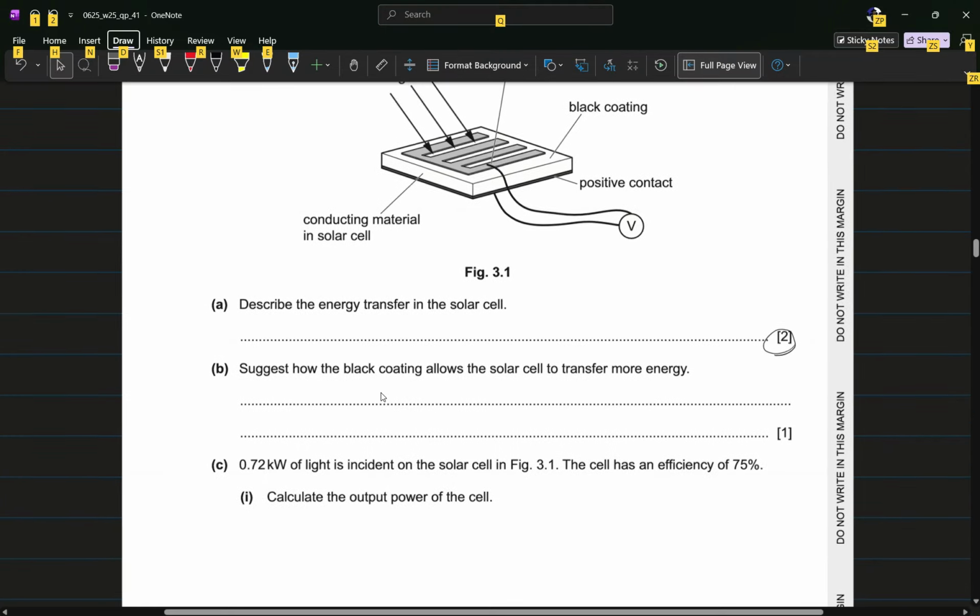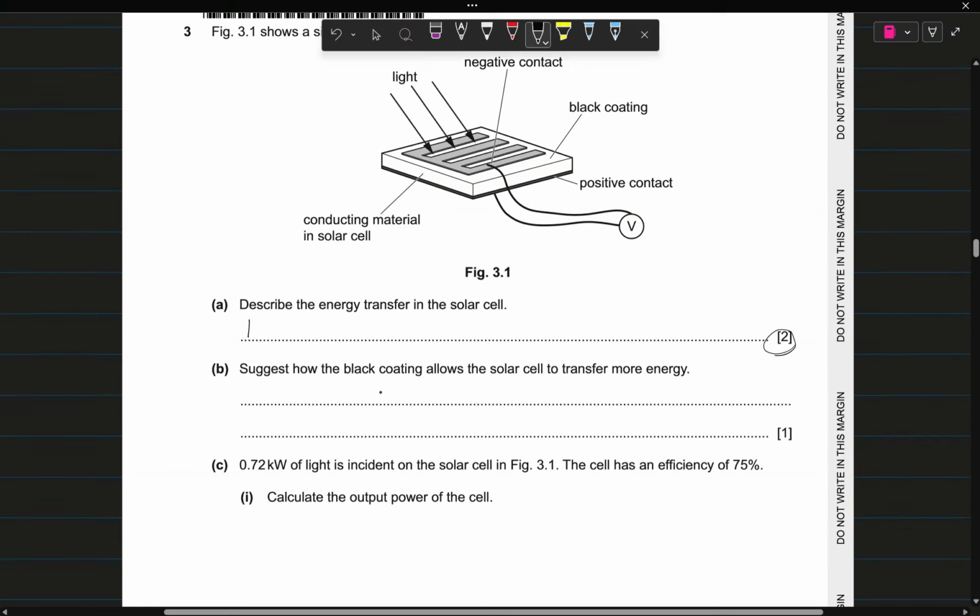So as we said, it transfers light energy or solar energy, but light is a bit more precise. Light energy to electrical energy. That will do. Light energy is a more general term.